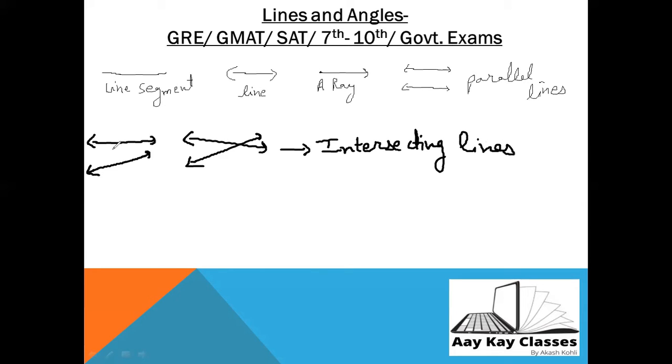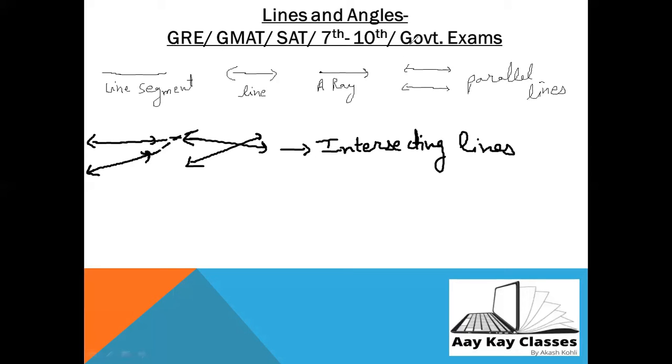You can ask why this is intersecting. Of course, this is a line, and here this is an arrow. So it will go forward and it will meet somehow at some point. This will intersect this line at some place. If it goes like this, then of course it will intersect at this point. So these are intersecting lines, and these are intersecting lines, right?